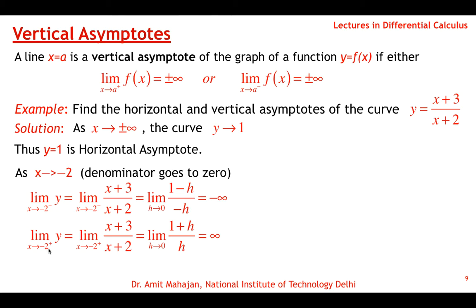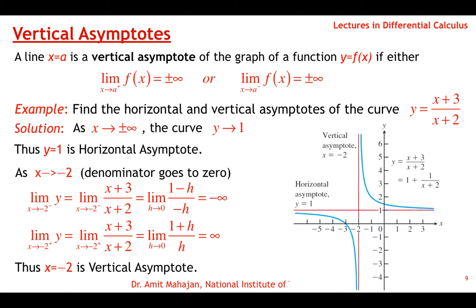And when we approach from the right, then the function values are growing to plus infinity near the minus 2 point. Okay, so if you plot this, then there is a horizontal asymptote y is equal to 1, and there is a vertical asymptote x is equal to minus 2. And by these limits you can see that when you approach minus 2 from the left side, then the curve goes to minus infinity, and if you approach minus 2 from the right side, then the curve goes to plus infinity, which is these limit values.